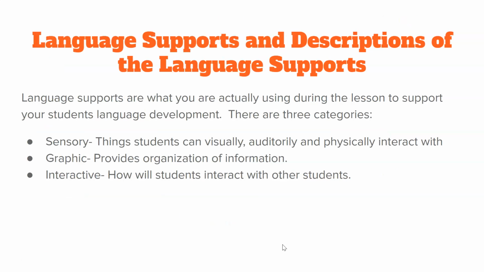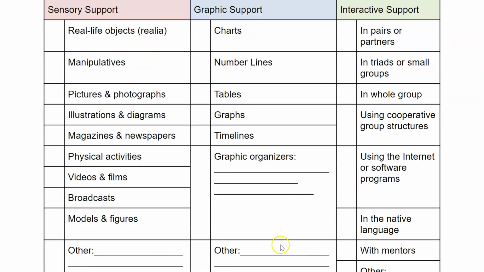Okay, so on the lesson plan, there is also an area to mark language supports. What kind of support are you going to be bringing? What additional supplementary supports will you be using in your lesson to help with comprehension? There are three categories. You could use sensory support, graphic support, or interactive support, and you're going to check the ones that you're going to use.